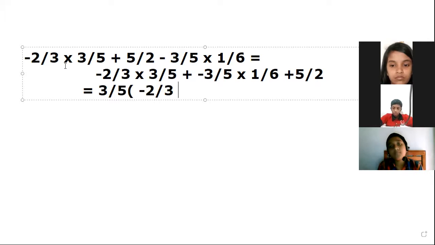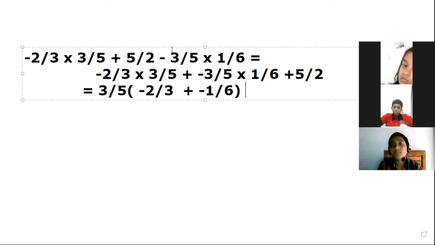Since we have chosen 3 by 5, a minus sign is here for 1 by 6, which is minus 1 by 6. Then here is 5 by 2 remaining. Are you all clear with this writing? If you have any doubt, please ask.